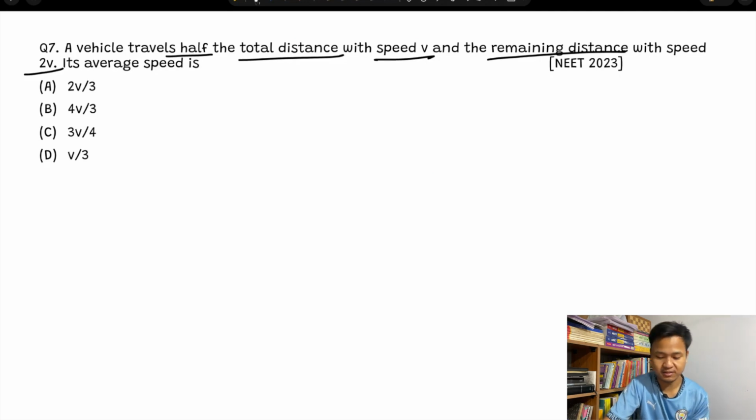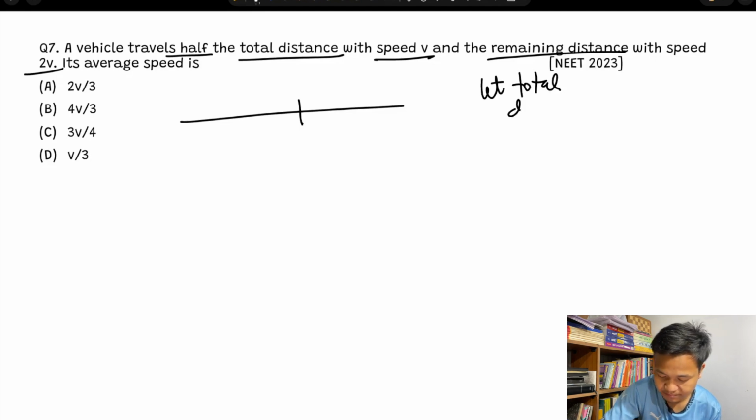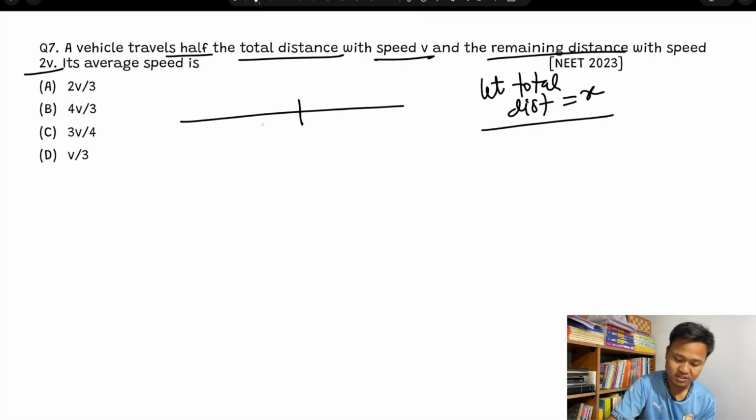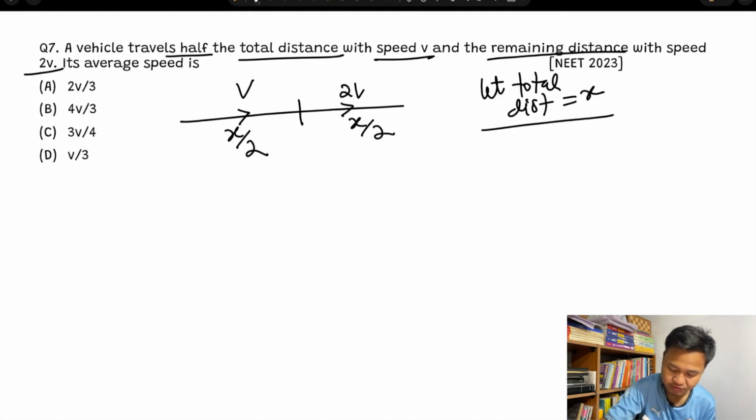What is the average speed? Let the total distance equal x. The first half of the total distance, x by 2, is at speed v, and the next half, x by 2, is at speed 2v. Okay, so this is given.